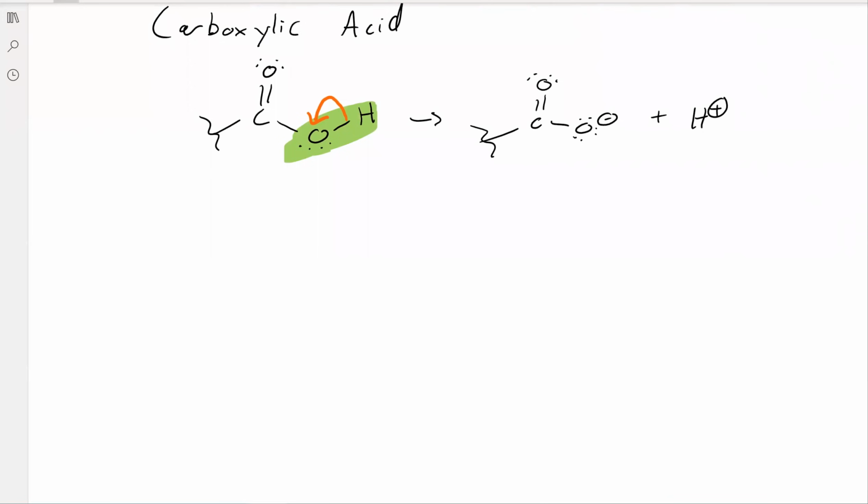So some common organic acids, one's acetic acid. This is the primary component in vinegar. So vinegar is approximately 5% acetic acid, and then the rest of it is just water. Also note that these carboxylic acids can be abbreviated.